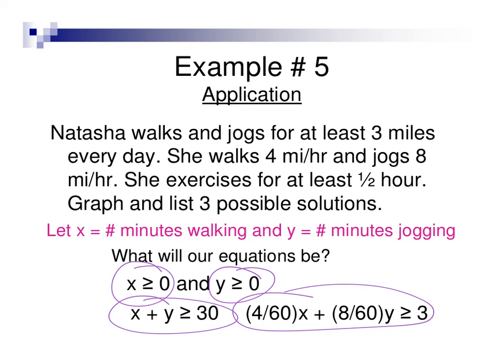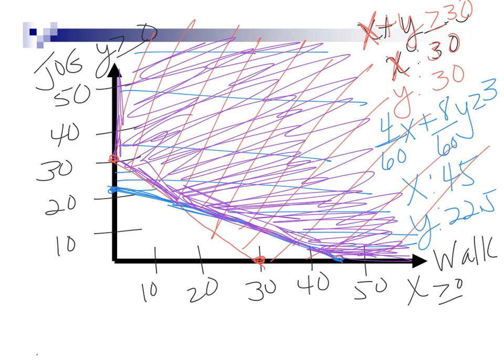All right, so once again, in real-world applications, finding an x and y intercept, and that's why we did it before, is the easiest way because the numbers are usually large. So I found the x and y intercepts of x plus y is greater than or equal to 30, and I found the x and y intercepts of the other equation.